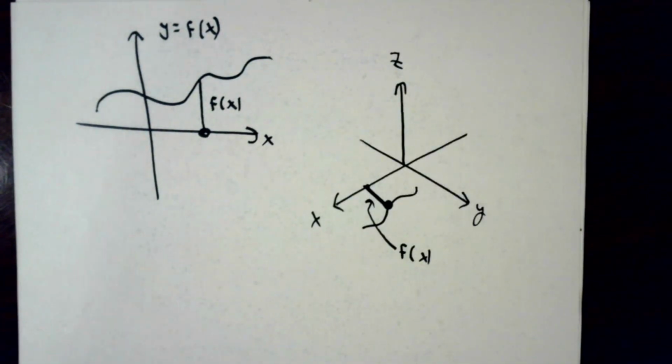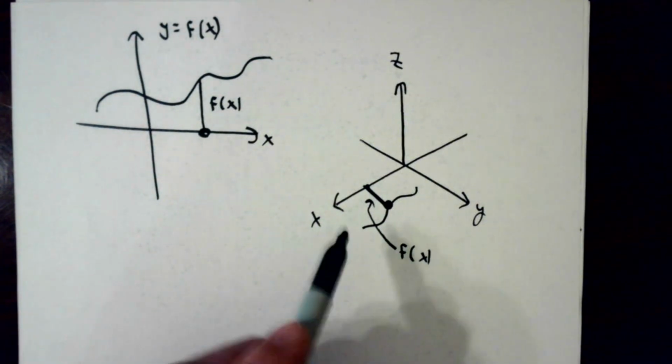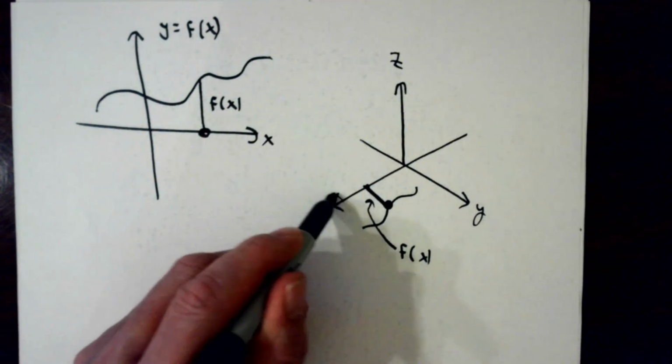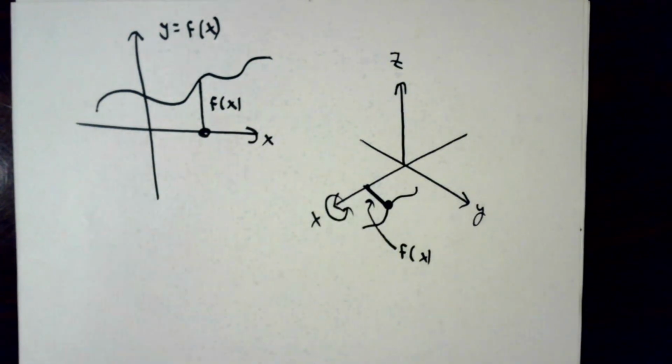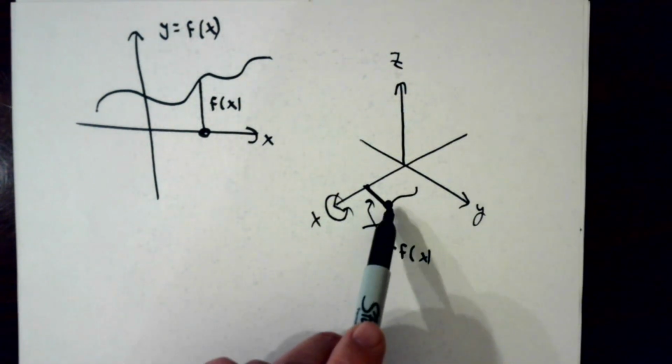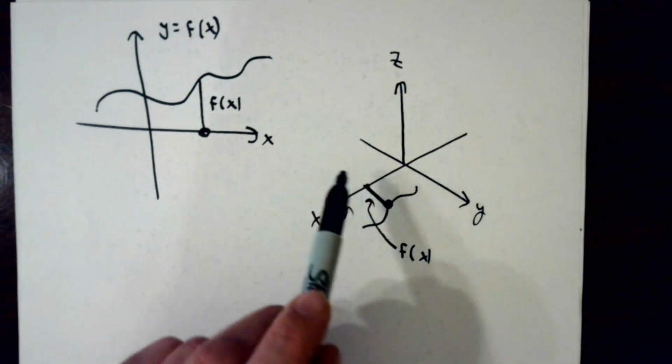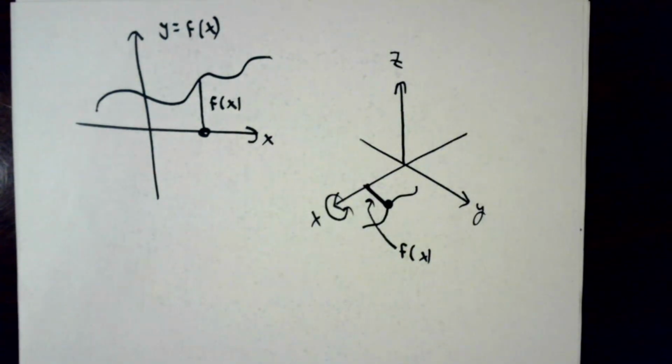If I imagine in three-dimensional space having that same situation, I can grab the x-axis and use it like a knob to spin the entire picture around the x-axis. This individual point is going to go around in a circle that is in a plane parallel to the YZ plane.